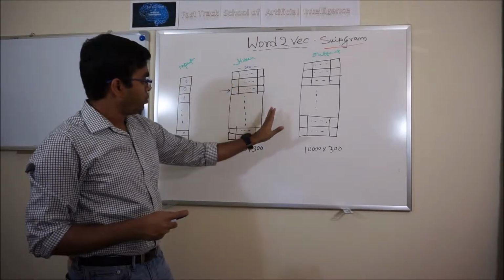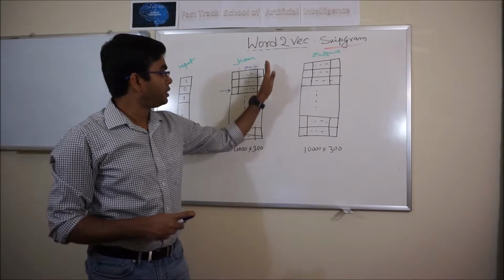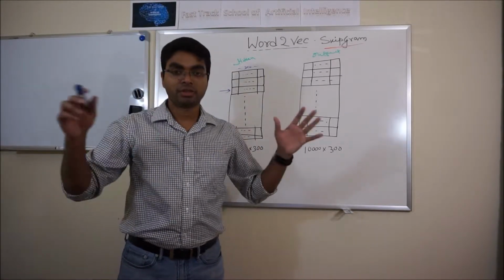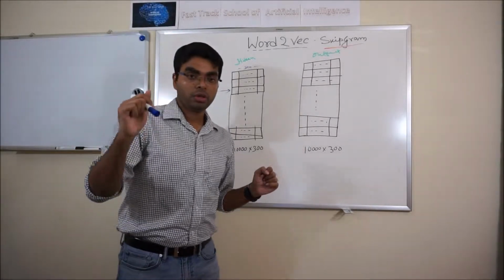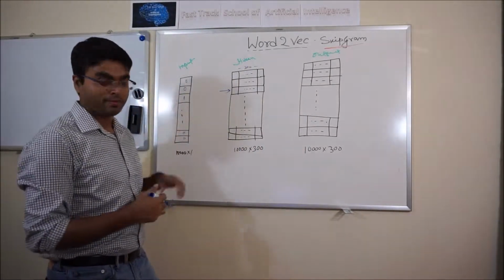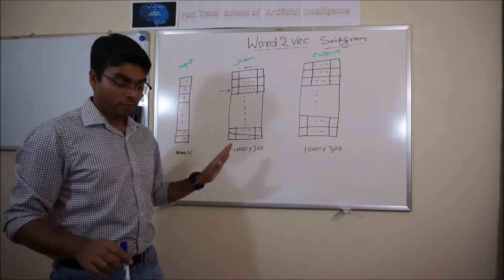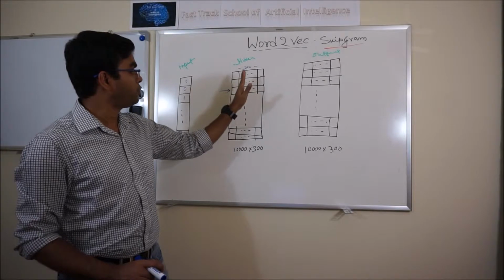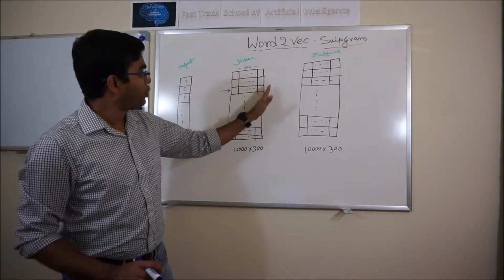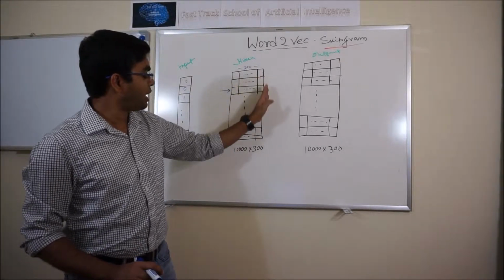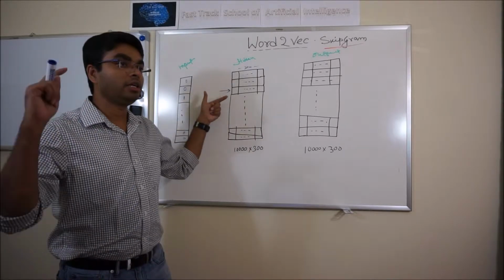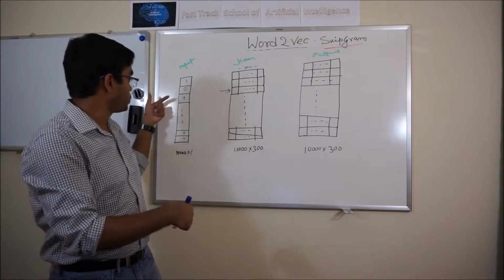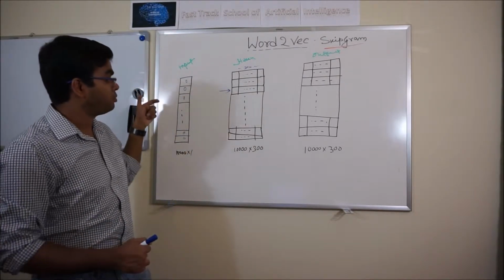So at the end of this hidden layer, you are going to get the values in a 300-dimensional space for the target word. What we can take away from here is that we use the input as a lookup for the vector embeddings in the hidden layer, and we get the 300 or n-dimensional vector representation for the particular word which we are passing as the target word in this input.